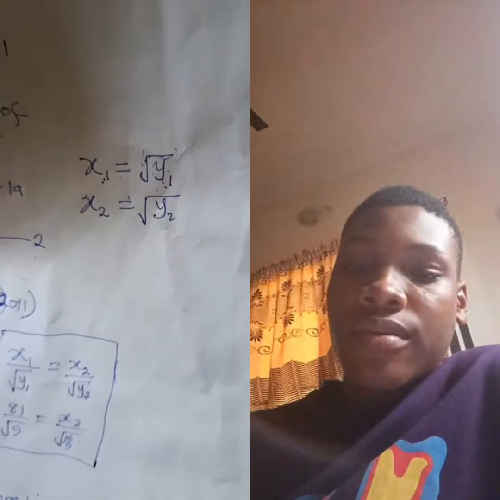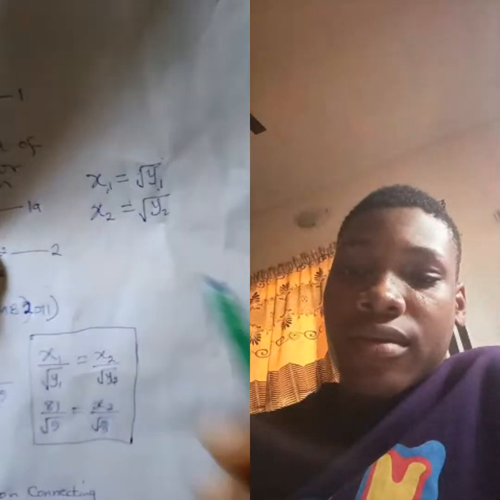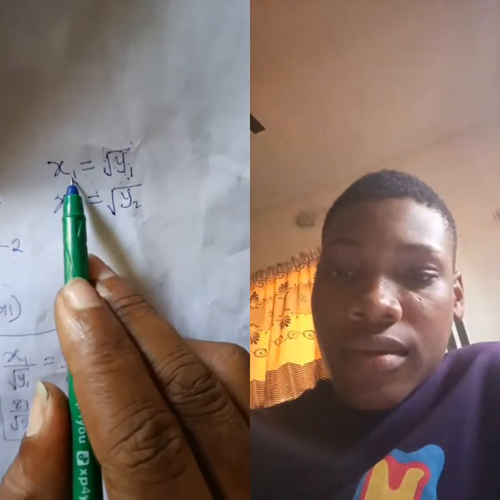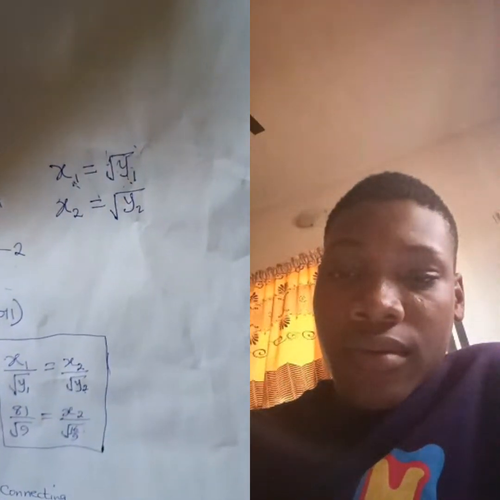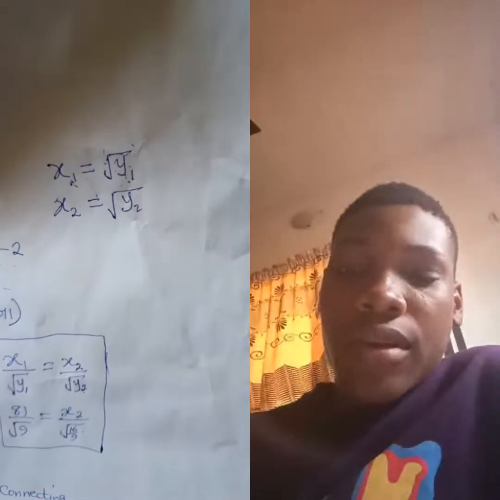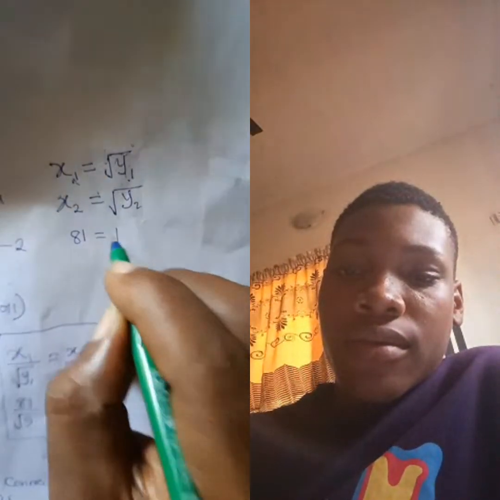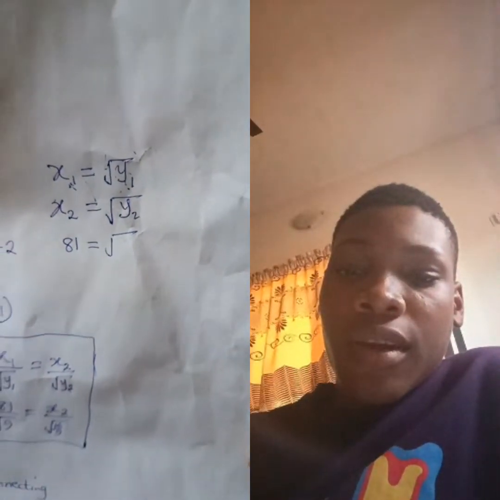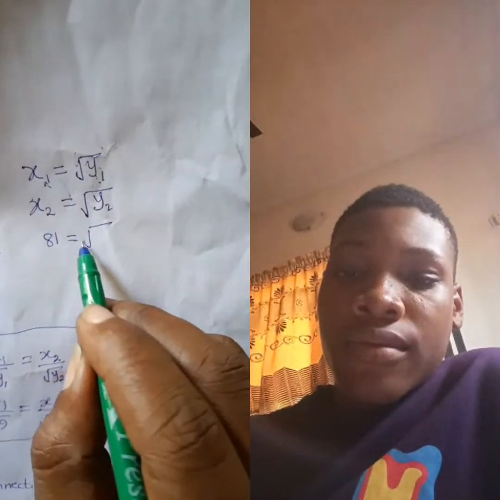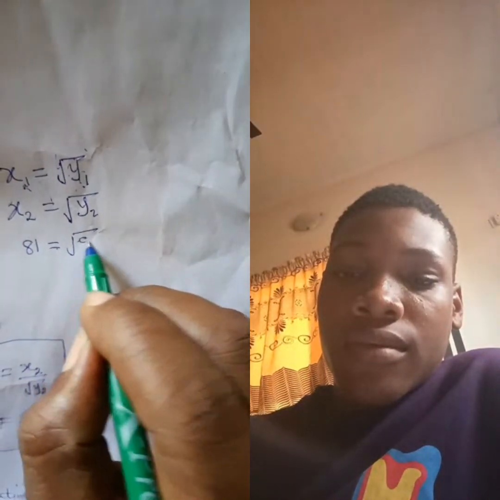So in this question we just solved, you could have just done the first value of X given to us, which we're going to call X1. The first value was what? 81. So we could just have done 81 equal to the square root of the first value of Y, which was what? 9. So 81 would be directly proportional, or vary directly, as the square root of 9.